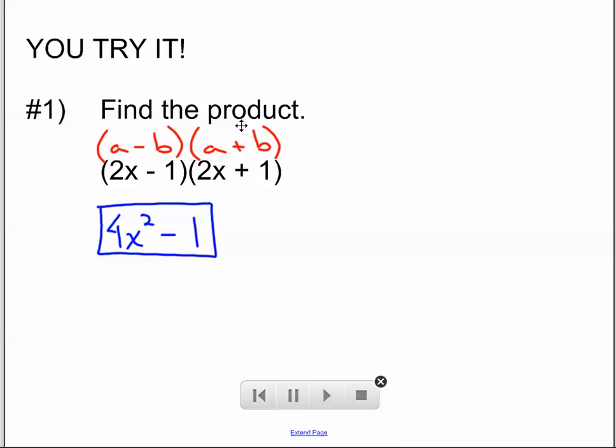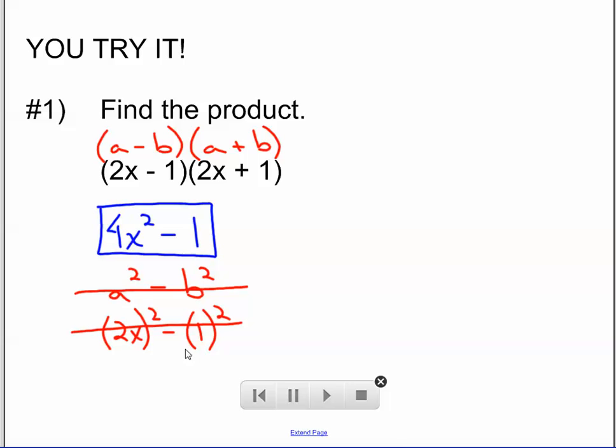That fits the sum and difference pattern. So the answer pattern should be a squared minus b squared, or 2x squared minus 1 squared. 2x squared is 4x squared. 1 squared is 1. I'm crossing all this work because remember the idea is to not show any of it.